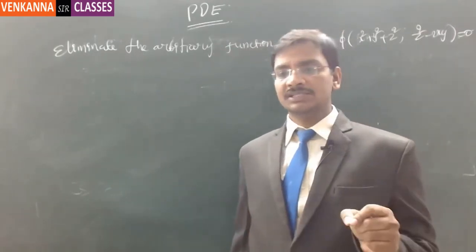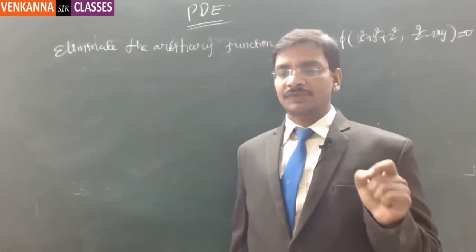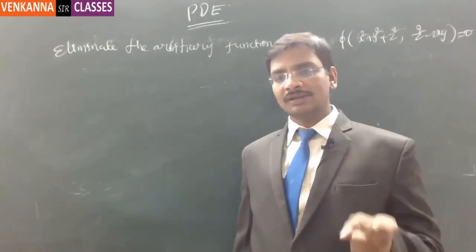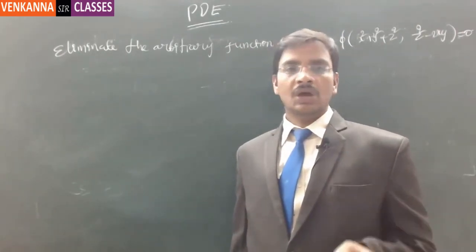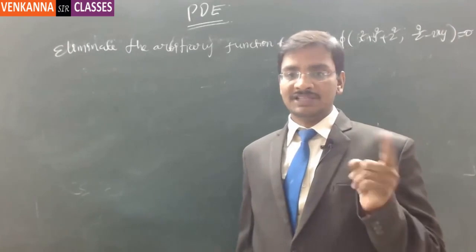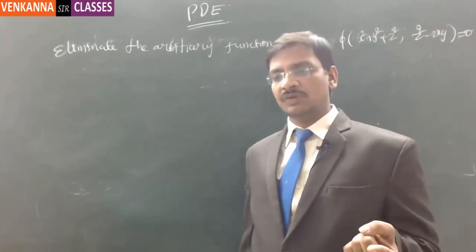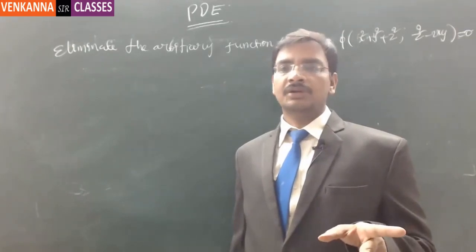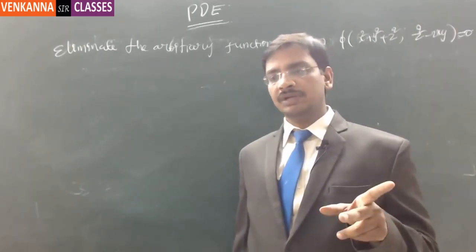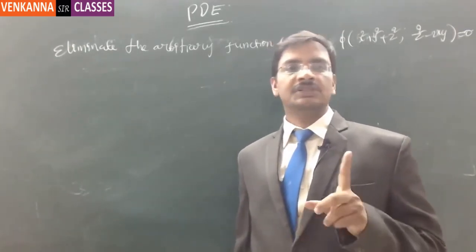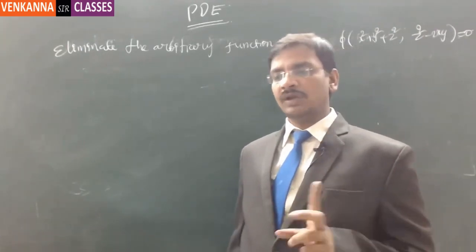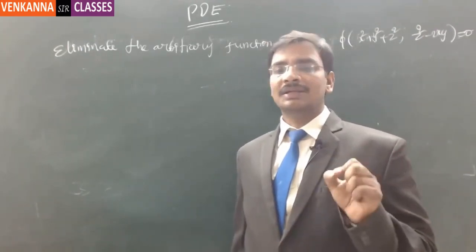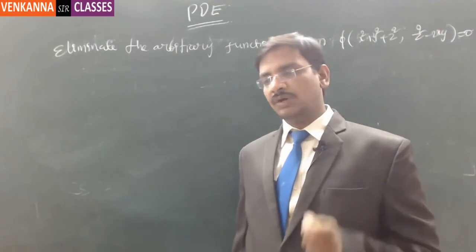If the function z has exactly two arbitrary constants, you have to differentiate only once, with respect to x once and with respect to y once. Then you can eliminate the arbitrary constants because you have two different equations. So in that case, the order of the differential equation is only 1.